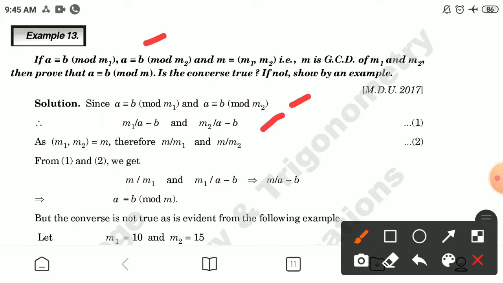As the greatest common divisor of M1 and M2 is equal to M, therefore M divides M1 and M divides M2, marking this as number 2. From first and second, M divides M1 and M1 divides A minus B implies M divides A minus B. This implies A is congruent to B mod M.